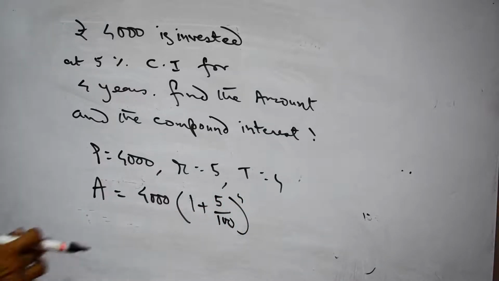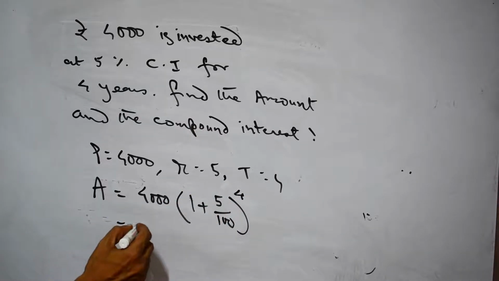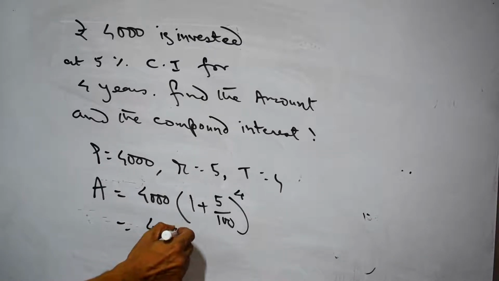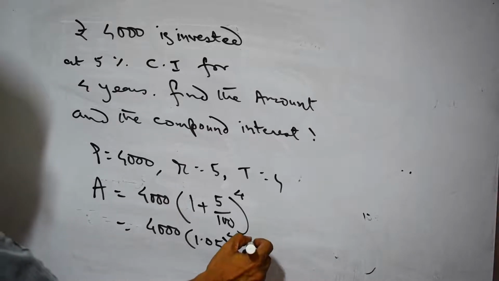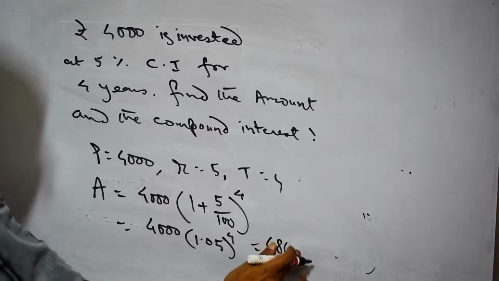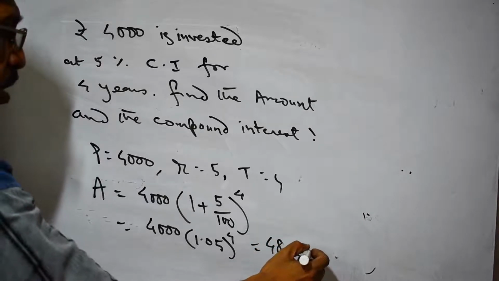Now we can use a calculator, or otherwise we have to calculate with the help of the normal multiplication rule. In most cases we have the scope to use a calculator. Then we calculate: this is 1.05, since 5 by 100 is 0.05, 4 times, and when we multiply it, ultimately after multiplication it comes to 4,862.03.